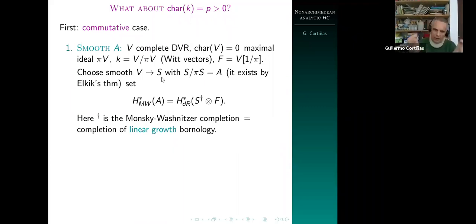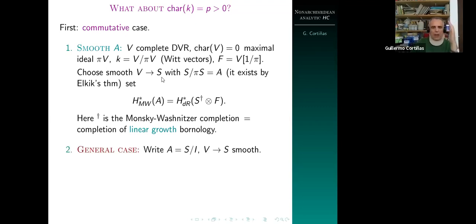So S comes with the bornology, simply the bornology of all the finitely generated V-submodules. And this bornology, as any other bornology, can be embedded in a so-called linear growth bornology. And the Monsky-Washnitzer completion is the completion with respect to that bornology.